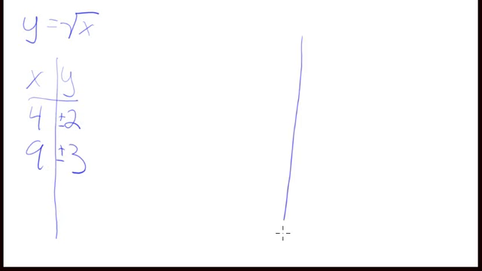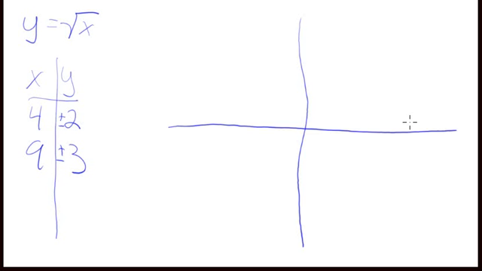So what happens on the graph when we try to track all this stuff? I'm going to try that again. When we try to keep track of all these answers, we mark off some stuff here, we mark off some stuff here. Okay, so let's say I go out to 4 on the x-axis, right?